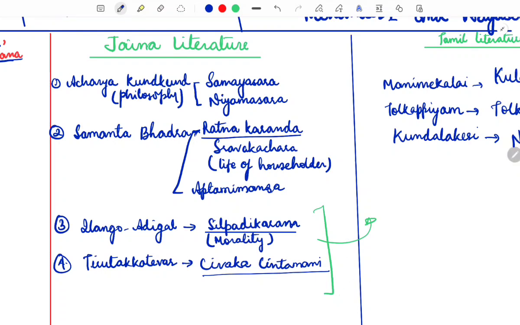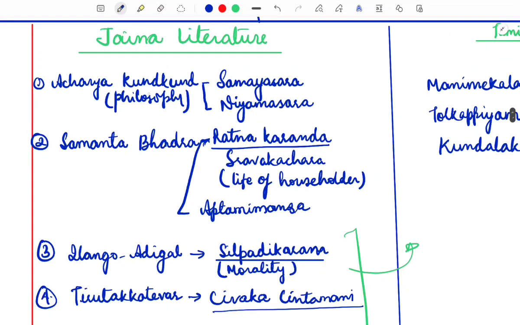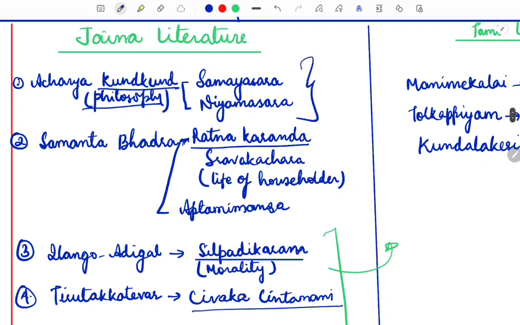Acharya Kundakunda wrote the philosophical treatises called Samayasara and Niyamasara. These two texts were philosophical works on Jainism, written by Kundakunda.